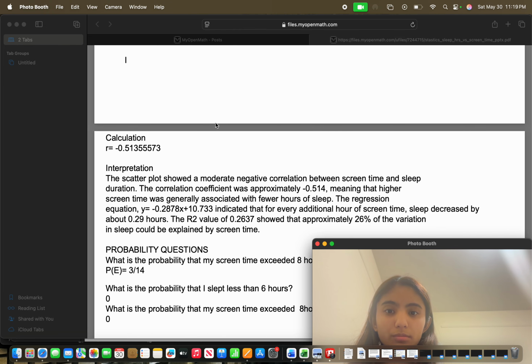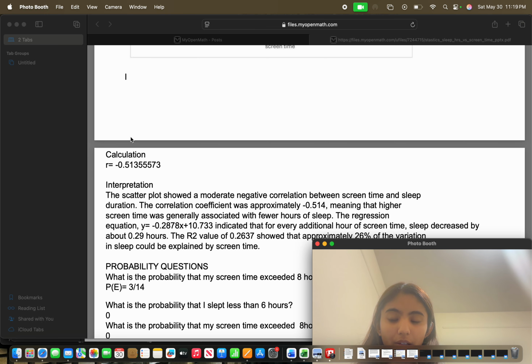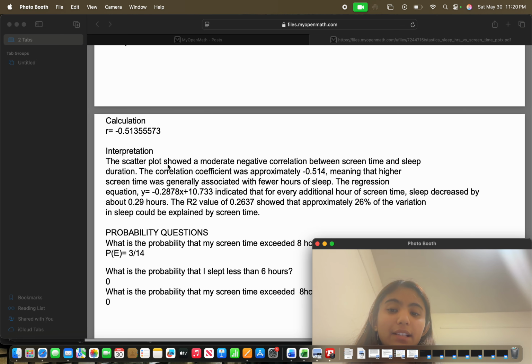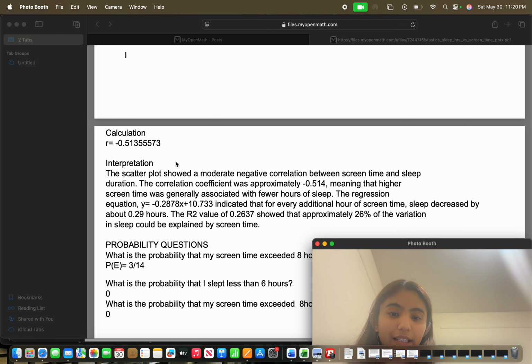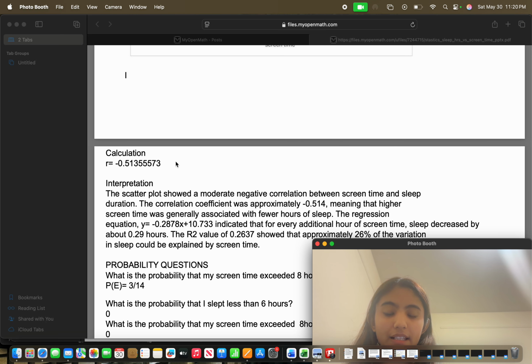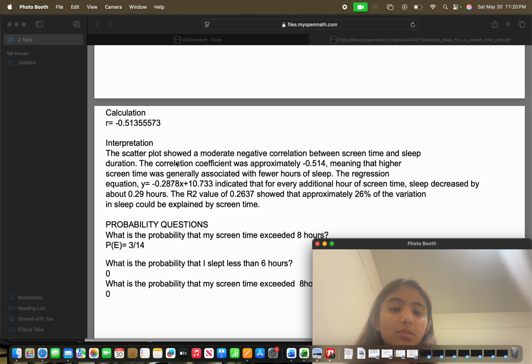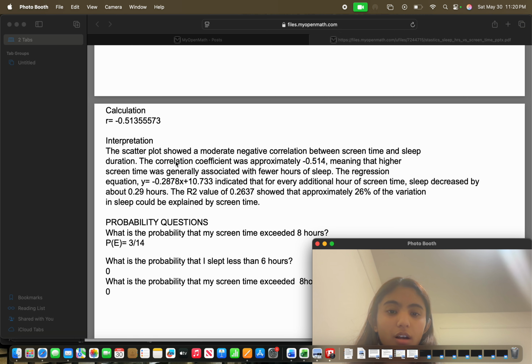So I got an r value of minus 0.51355573, and my interpretation is that the scatter plot showed a moderate negative correlation between screen time and sleep duration. You can see here, the correlation coefficient was approximately minus 0.514, meaning that higher screen time was generally associated with fewer hours of sleep.